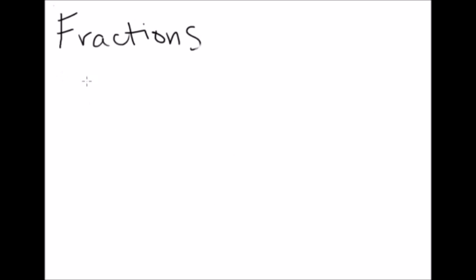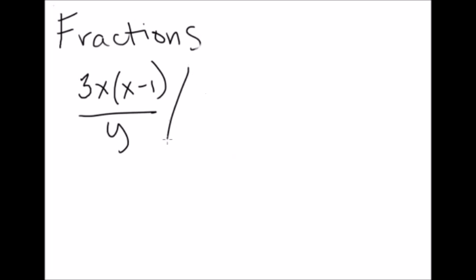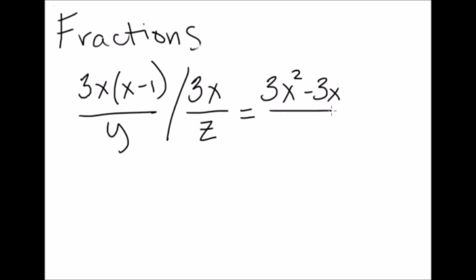To give you an example of something more like what you might see in class, you might have something like this that you needed to divide by something like this. And so to do that, I'll just go ahead and distribute the numerator there, and I'm going to multiply by the reciprocal over 3x.